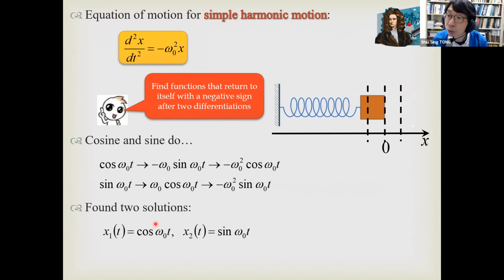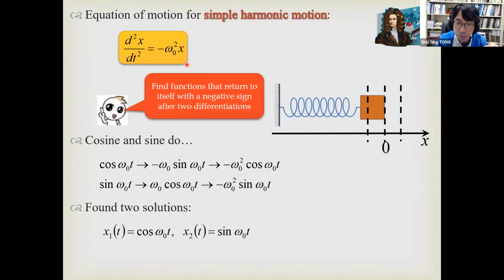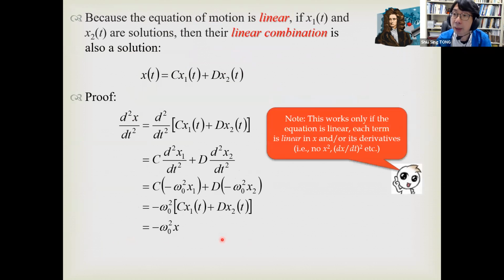So we found two solutions. The two solutions are given by cosine omega naught t and sine omega naught t. Okay, and we claim that if we denote the cosine by x1 and the sine by x2, the general solution to that differential equation is a so-called linear combination of the two solutions.